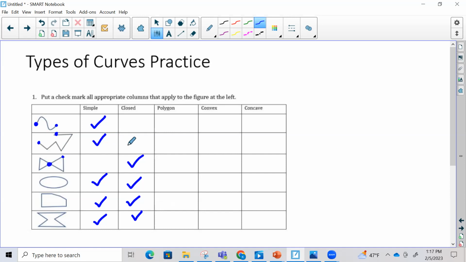This one is not closed. So both of these columns, because part of the definition was it has to be simple and closed, have to be checked for us to check the polygon one. So this one is completely out, and so is this one because this one is not simple. Now these are simple and closed, so then we have to check are the sides segments, and this one is not. This is more like curved. This one are all segments, so this one is a polygon, and this one is all segments, so this is also a polygon.